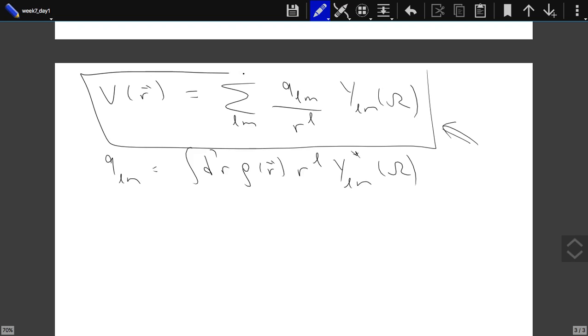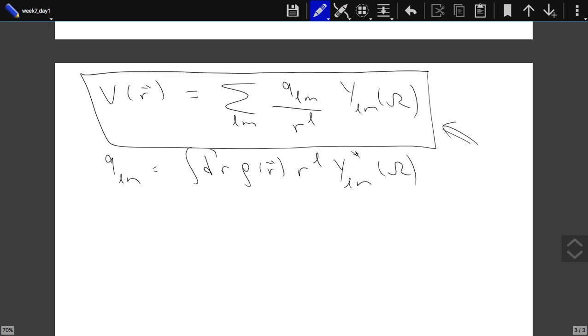Now, this expression, summed over all possible values of L and M, is valid whatever the value of R is. The only restriction is that this expansion of the potential is valid outside the charge distribution. So if you have a localized charge distribution, and you are outside it, that expression of the potential is always valid.